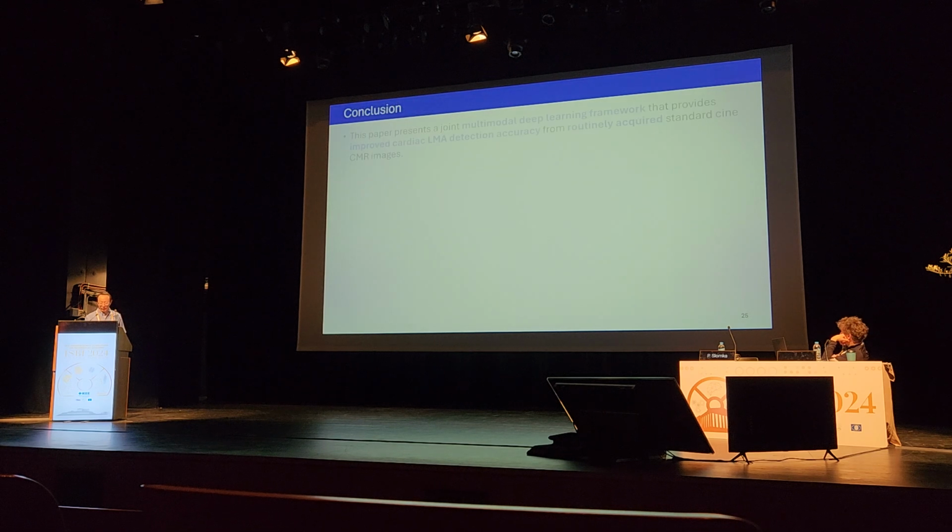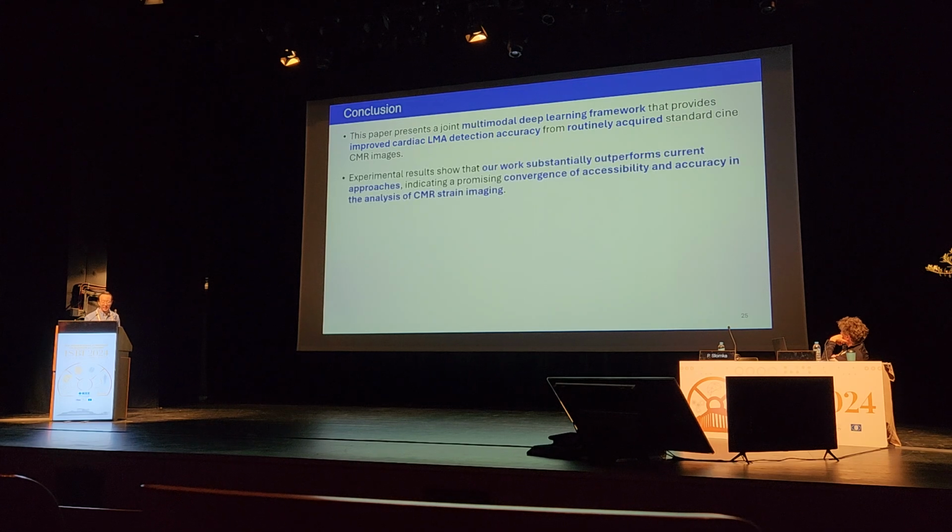Right. So for a quick conclusion of the paper, we present the joint multimodal deep learning framework that provides improved cardiac LMA detection accuracy from routinely acquired Cine CMR images. And our experimental results show that our work substantially outperforms current approaches, including a promising convergence of accessibility and accuracy in the analysis of CMR strain imaging.